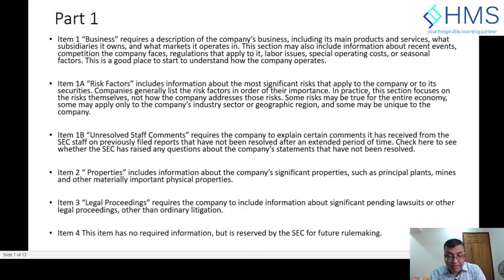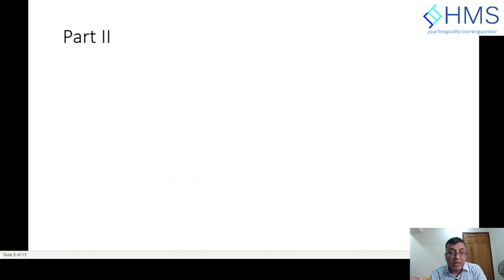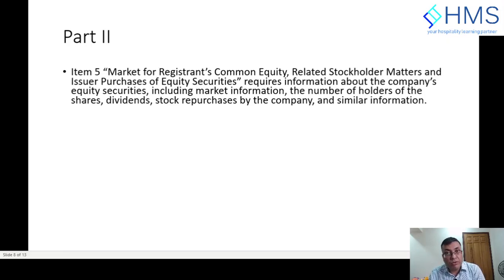Then you have the fourth item, which does not require information but is for the SEC. Then you have Part 2, which is market for the registrant's common equity, related stockholder matters, and issuer purchases of equity securities, including market information and the number of holders of stock exchange.